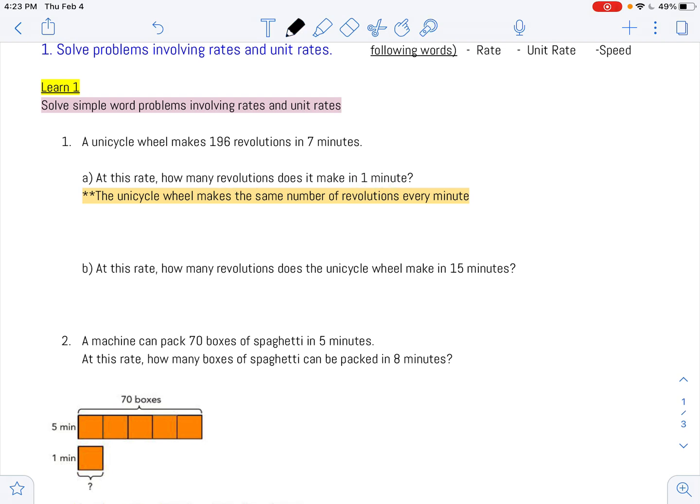Well, really what we're solving for here in part A is our unit rate. So let's find our unit rate.